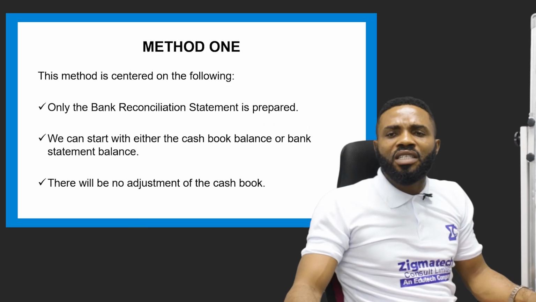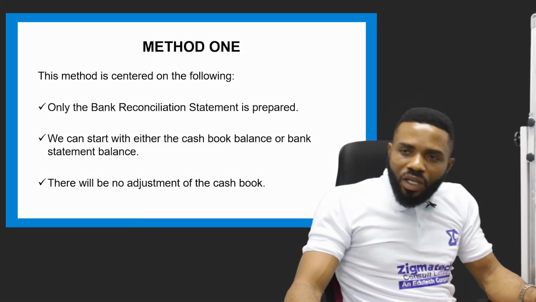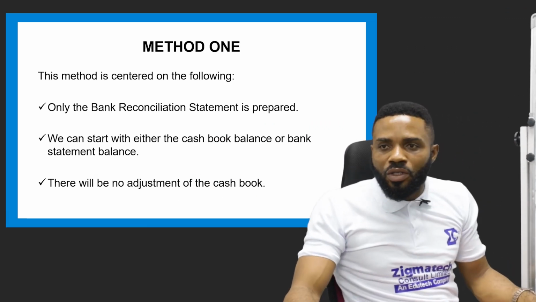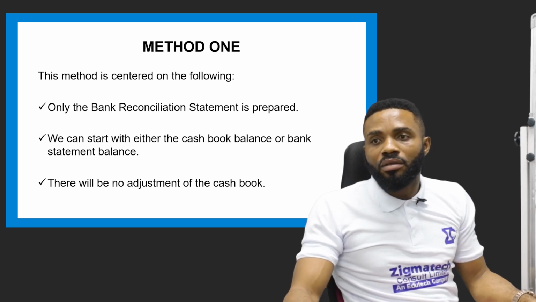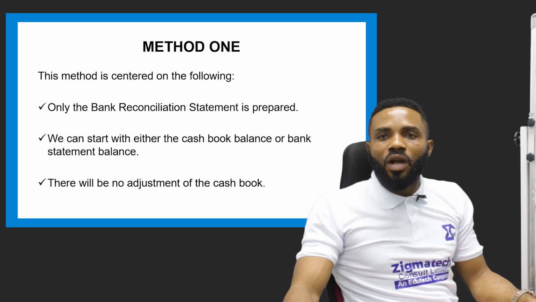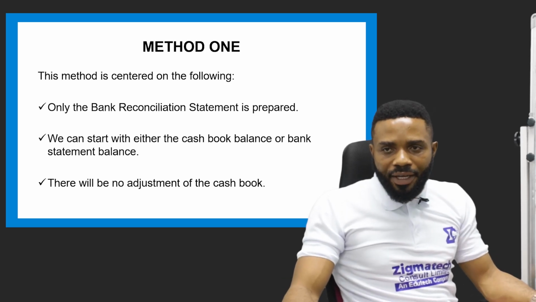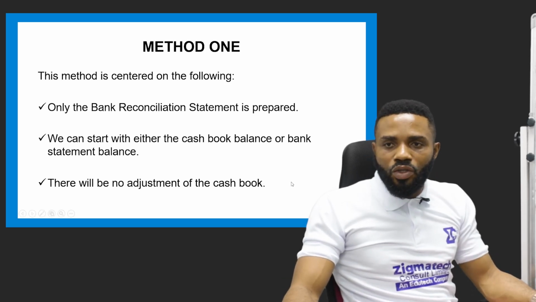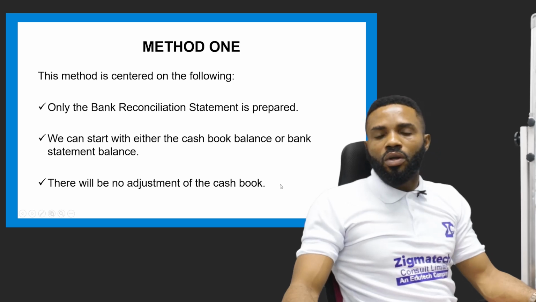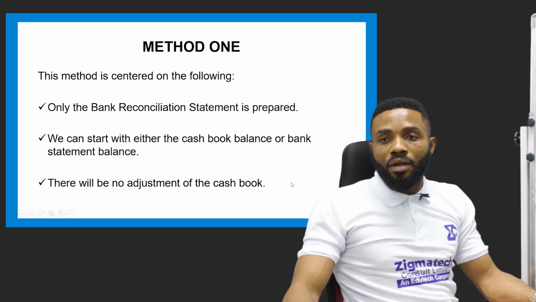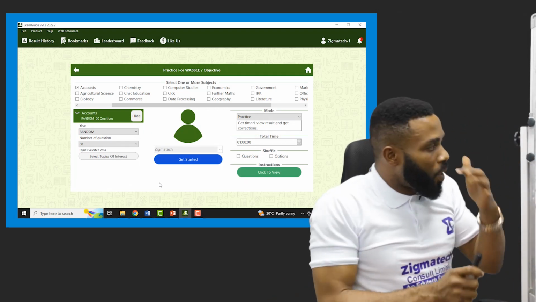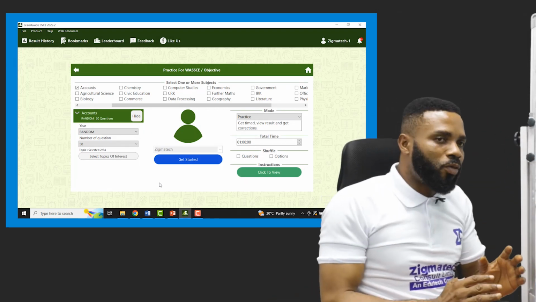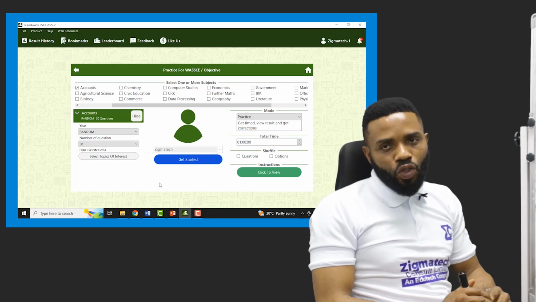Now, let's quickly look at how it looks like. Let's go to our exam guide. There are some questions we are going to solve right now that will further explain what we have done so far.